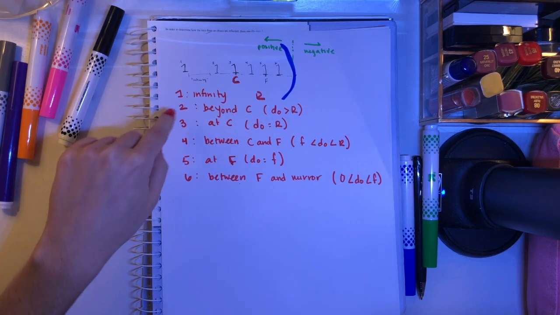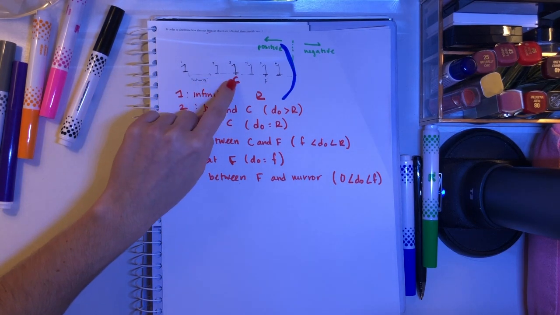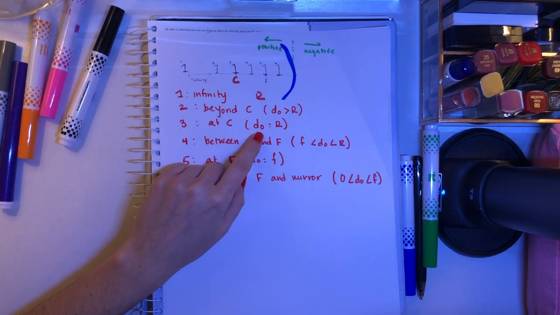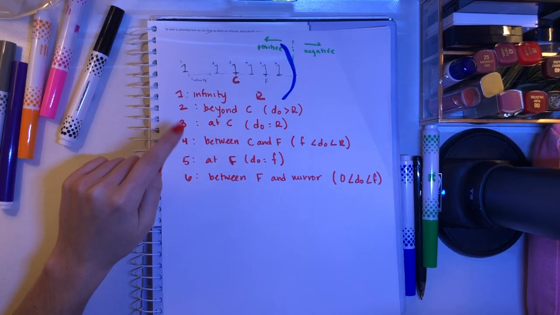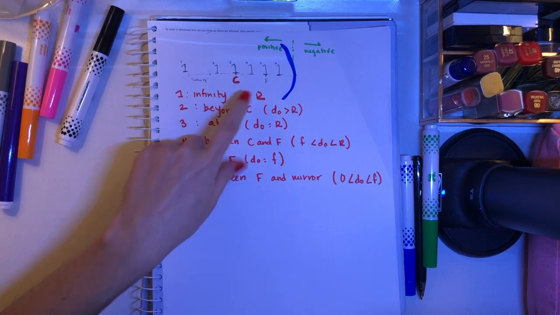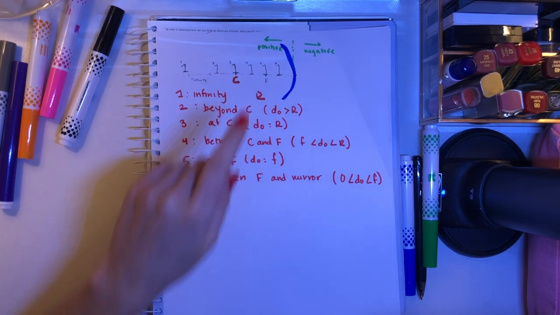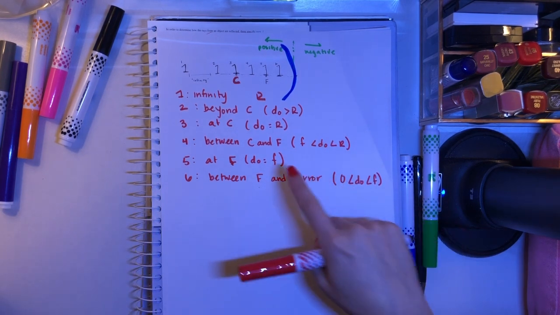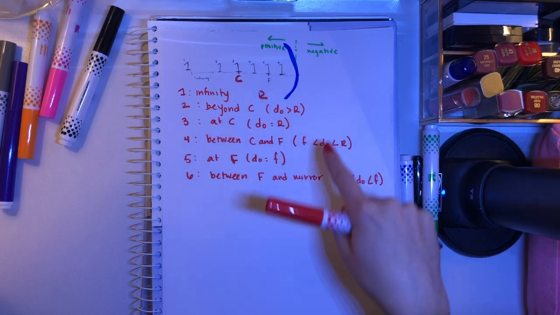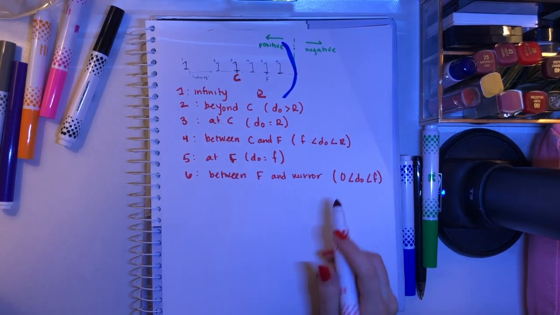The third location would be at C, the center of curvature. In that case, the object distance would be equal to the radius of the circle. And fourth, we have the location somewhere between C and F, in which the object distance would be between the focal length and the radius.